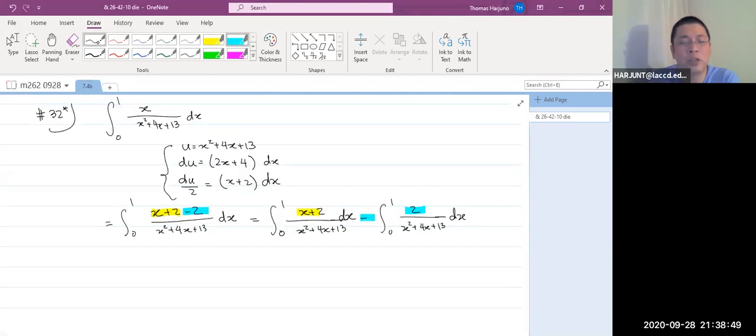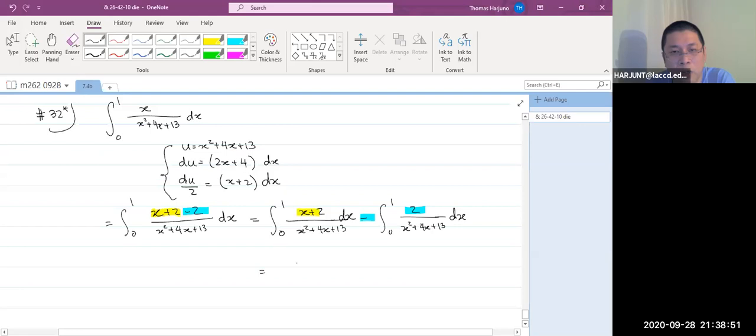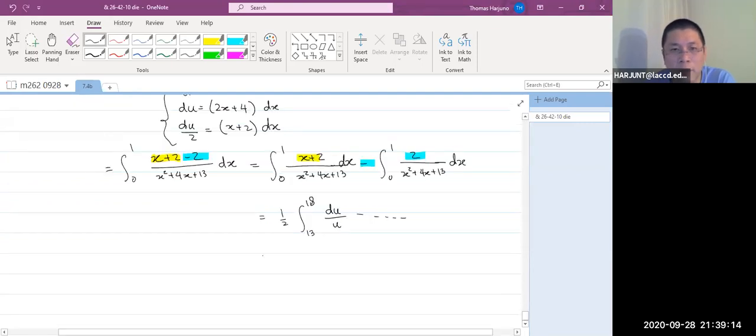Using my substitution, this will be 1/2 integral, when x equals 0, that's 13, when x equals 1, that's 18, so du over u, minus something. And we have seen that this is actually 1/2 natural log of 18 minus natural log of 13.